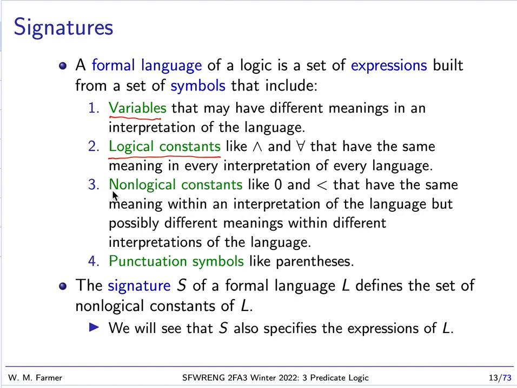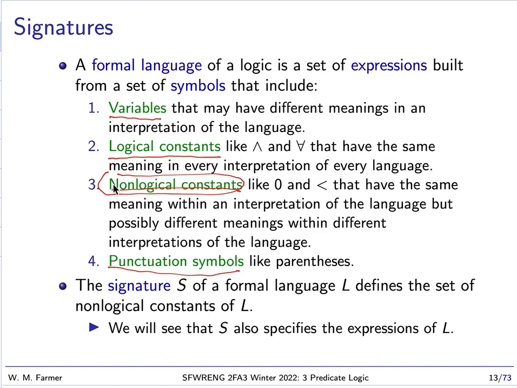A non-logical constant is a symbol whose meaning is fixed in a particular interpretation of a language, but it could have different meanings in different interpretations. And finally, we have punctuation symbols like parentheses. So a signature defines the set of non-logical constants.